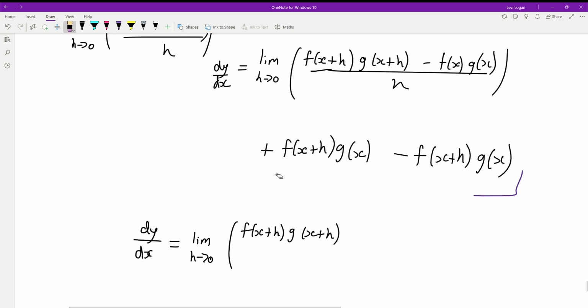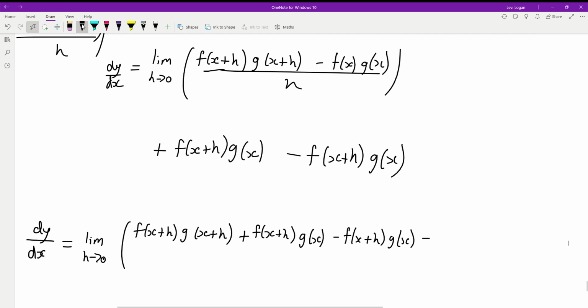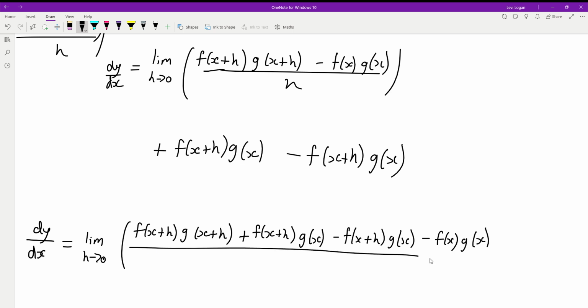Plus f of x plus h multiplied by g of x minus f of x plus h times by g of x minus the last term, which is f of x times g of x, all over h. Rightio. What are we going to do now?